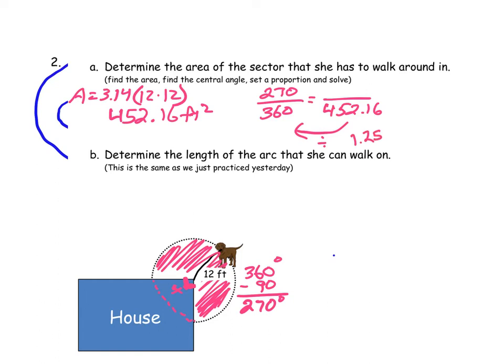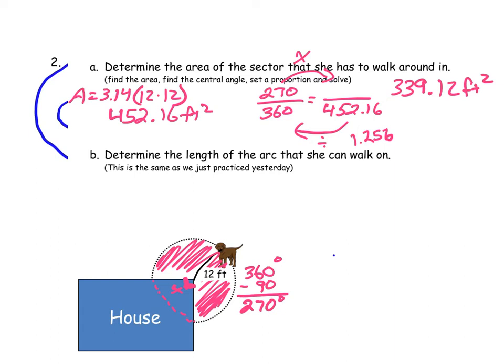I'm going to leave that in my calculator. Now I'm going to multiply that times 270. That gets me my answer. So I divide going that way, I multiply coming back this way. My answer is 339.12 feet squared. So that's the area of the sector that the dog can walk around in.